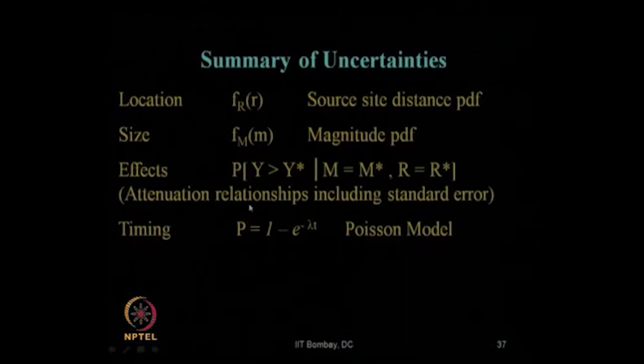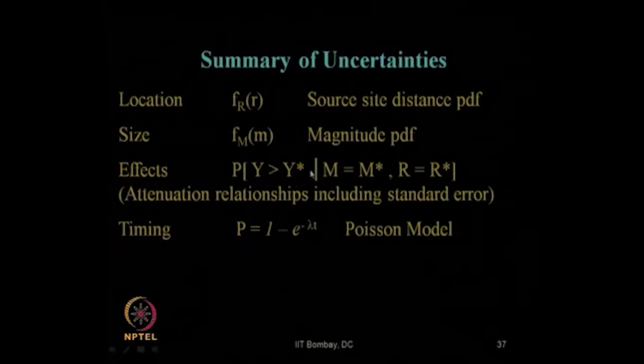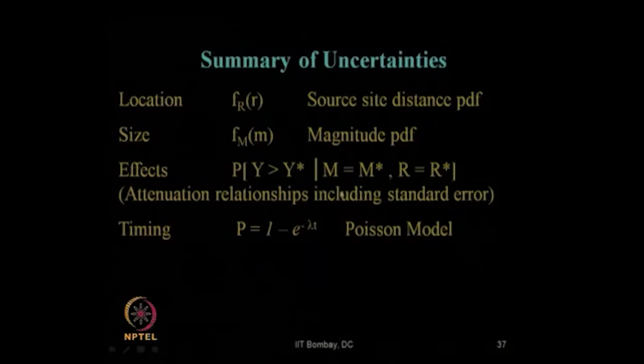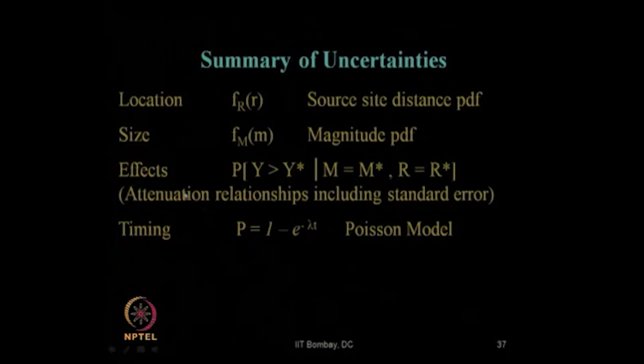Including those standard errors, we have to find the probability of occurrence of a particular event greater than some value we are interested in, for a given value of distance and for a given value of magnitude. So, this is a conditional probability distribution considering the attenuation effect and the standard error. This takes care of the third uncertainty.